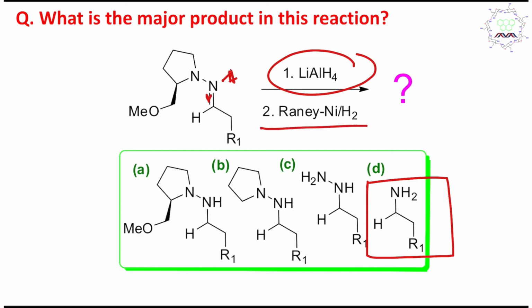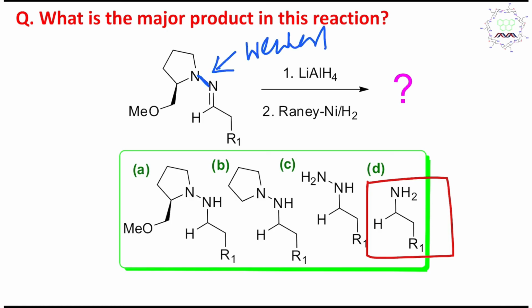This is an extremely strong reducing agent, so what maximum reduction is possible after that? So what is the weakest bond here? In this case the weakest bond is, students, this nitrogen-nitrogen bond. So this is the weakest, so it will break and give the corresponding amines, option D.